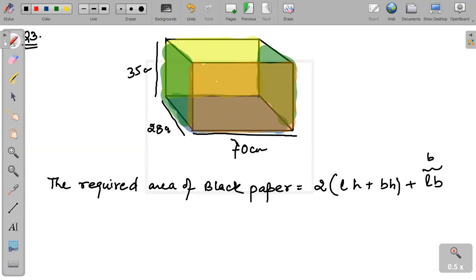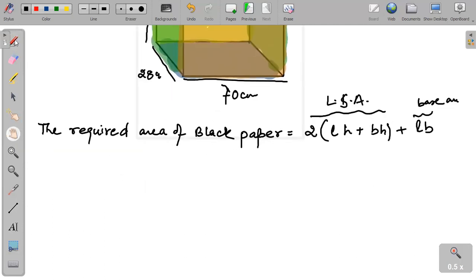ये base का area, base area, and this is lateral surface area, LSA. This will be equal to 2 into 70 into 35 plus base into height, that is 28 into 35, plus L into B, that is 70 into 28.